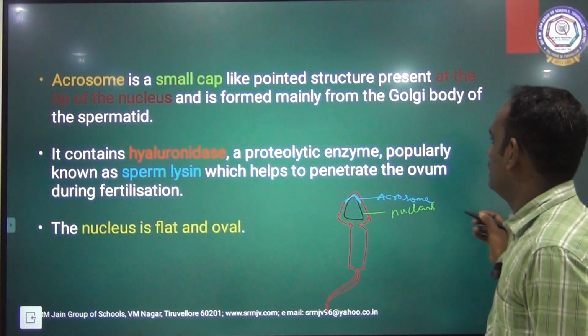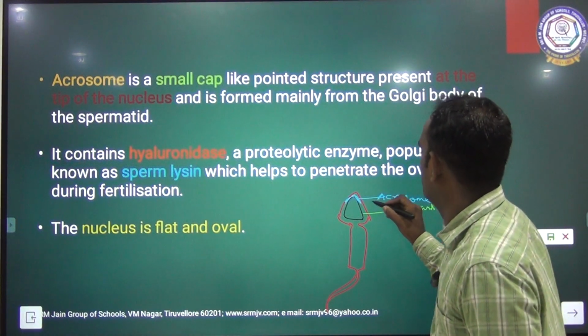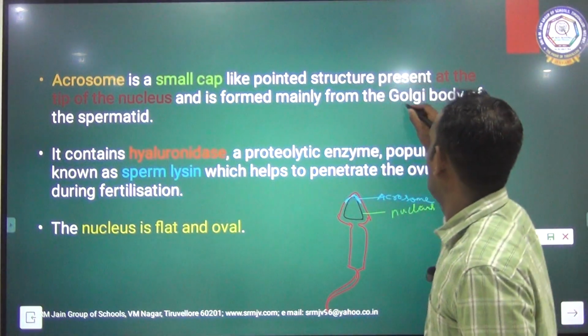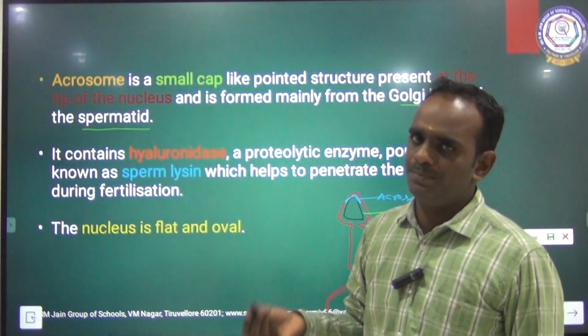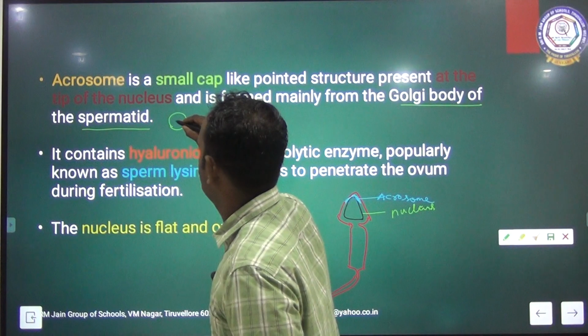It is formed mainly from the Golgi body of the spermatid. Spermatid is nothing but a sperm, but in a spherical, round structure.